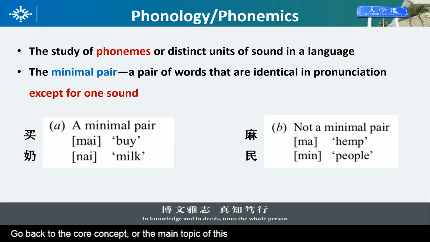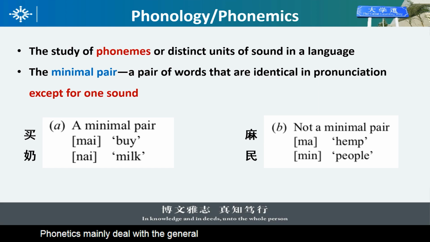Okay, go back to the main topic of this chapter. We're going to talk about phonology, right? Similarly, there's another term that emphasizes the relationship among different phonemes, which is called phonemics. Phonemics is similar to phonology, but it's different from phonetics. Still remember last chapter we talked about phonetics.